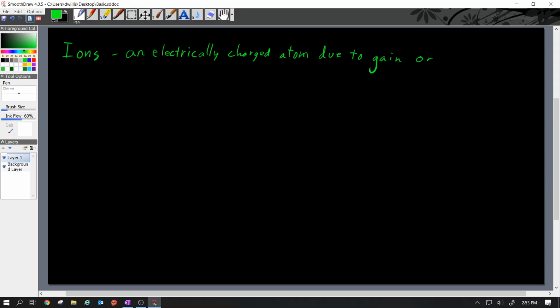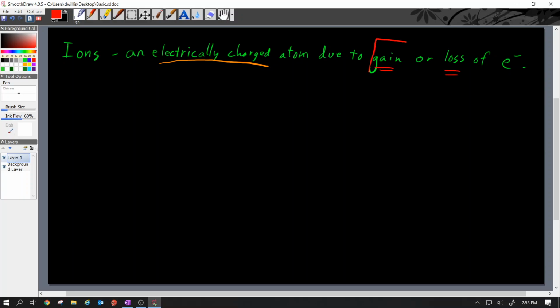Yeah, a gain or loss of electrons, which I'm just going to represent with the e minus sign. And so we've got an ion as an electrically charged atom due to a gain or loss of electrons.